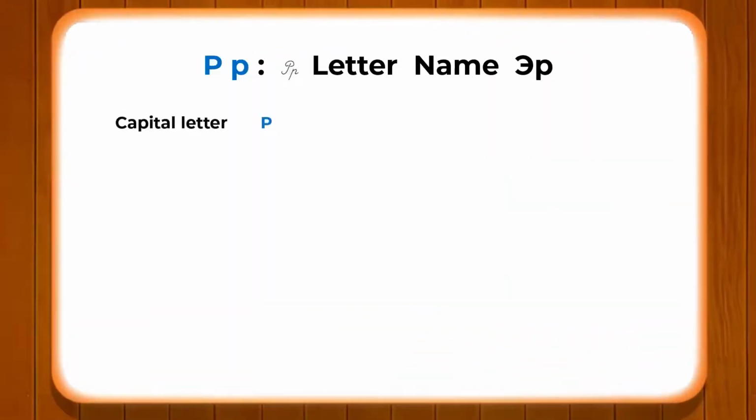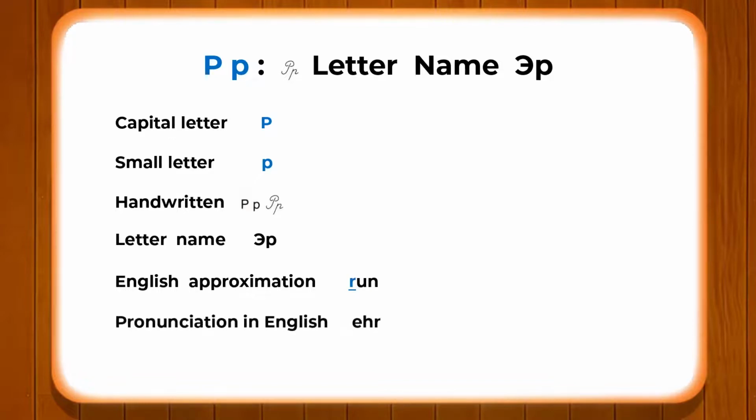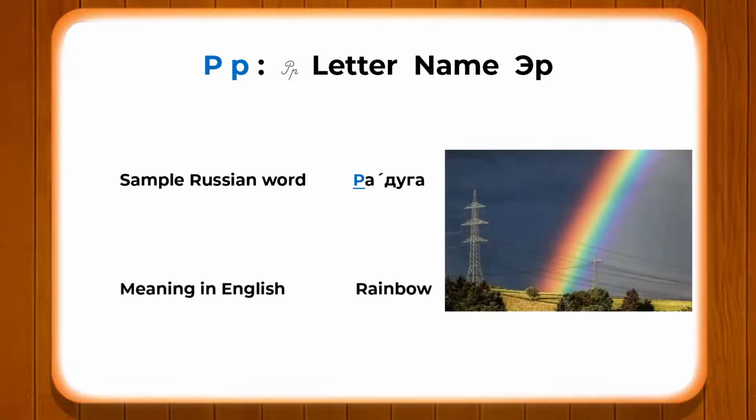Alright, the next letter of the Russian alphabet which we have here is known as R. Please pay attention when I am pronouncing the sound of this particular letter, R. We have used the English approximation word so that you understand it properly: R in run. A Russian sample word which we have used here is Raduga, which means rainbow.